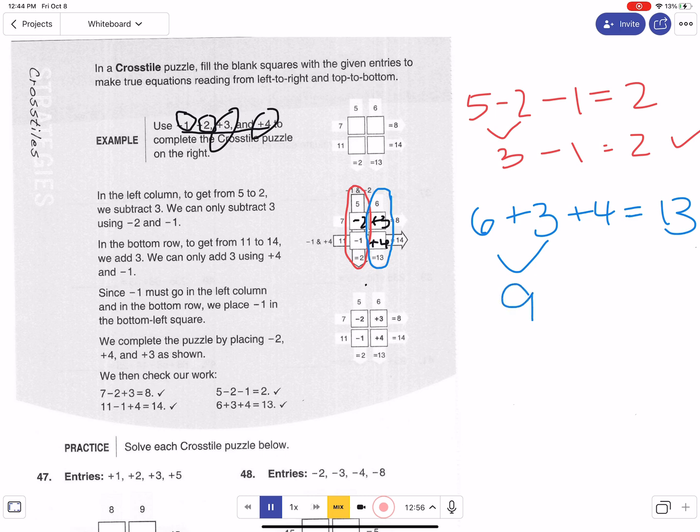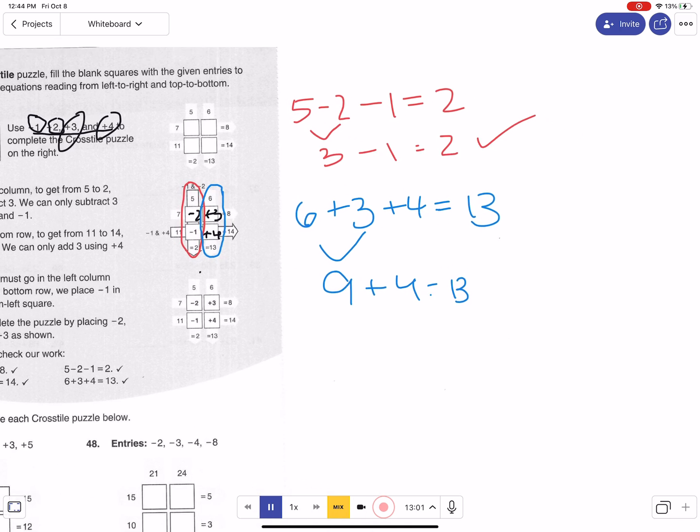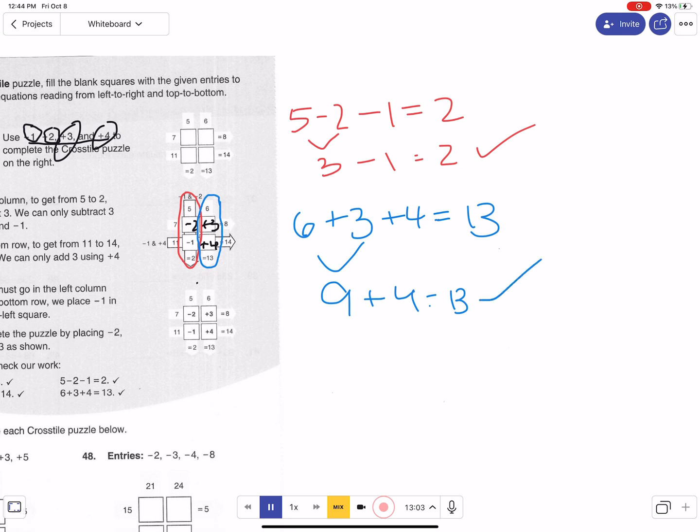Okay, so this is 9. And then we're going to bring down the 4 equals 13. 9 plus 4 is 13. So that column's right. Next, we're going to do the top row. 7 minus 2 plus 3 equals 8. Let's see. 5 plus 3 equals 8. That's right.